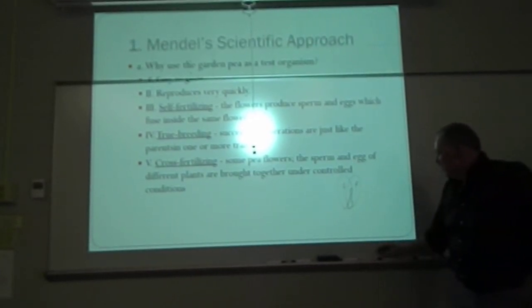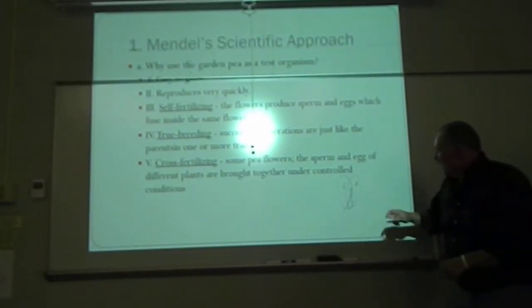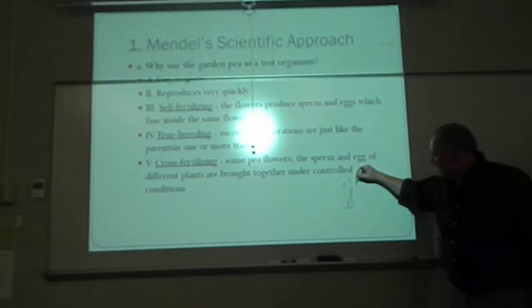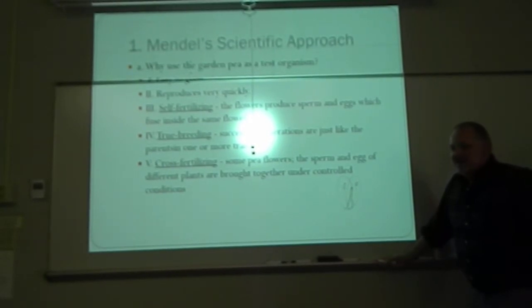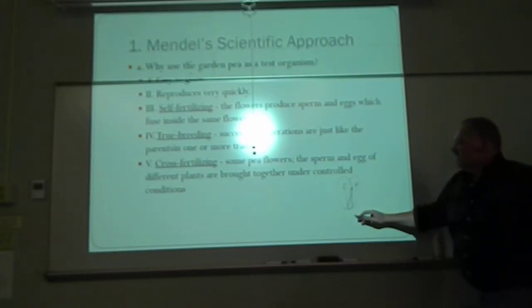And so instead, the pollen that's produced from these anthers falls down and gets stuck on the style of the female part, the pistil, and fertilizes itself.